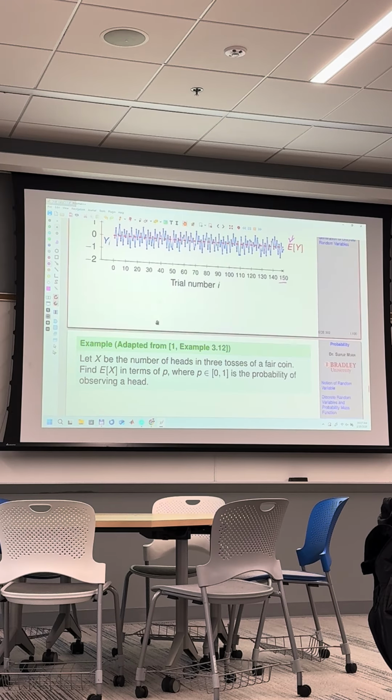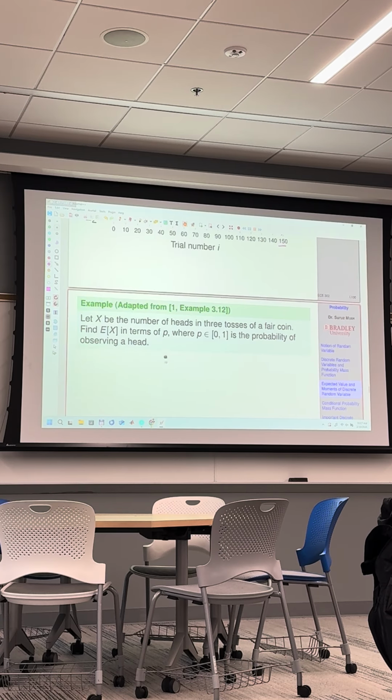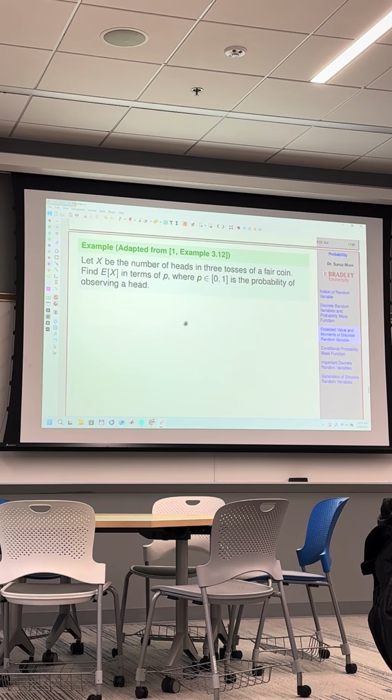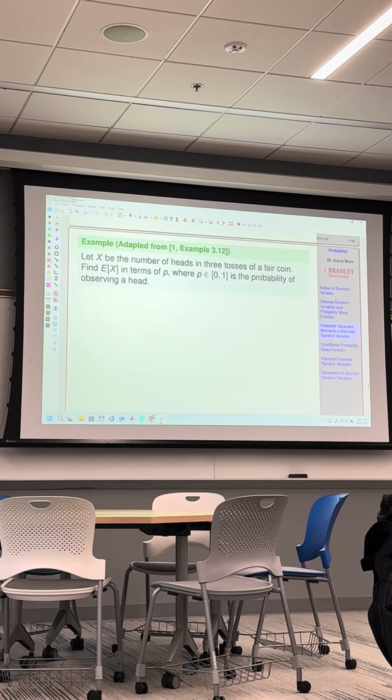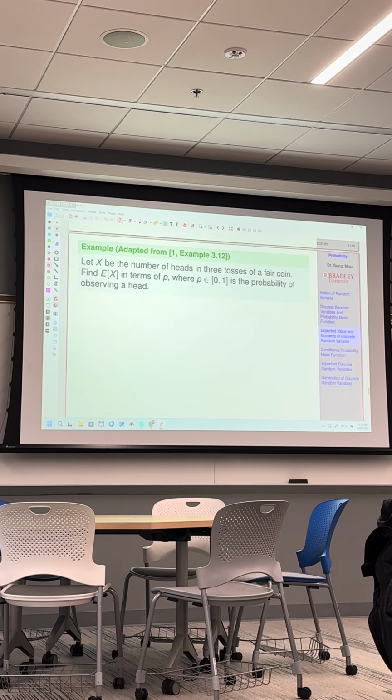Okay, so now let's go through one example. I have adapted this example from example 3.1 of our textbook. Let x be the number of heads in three tosses of a fair coin.